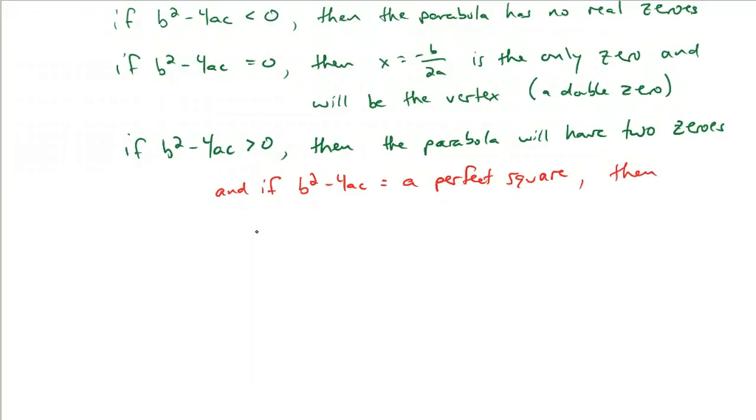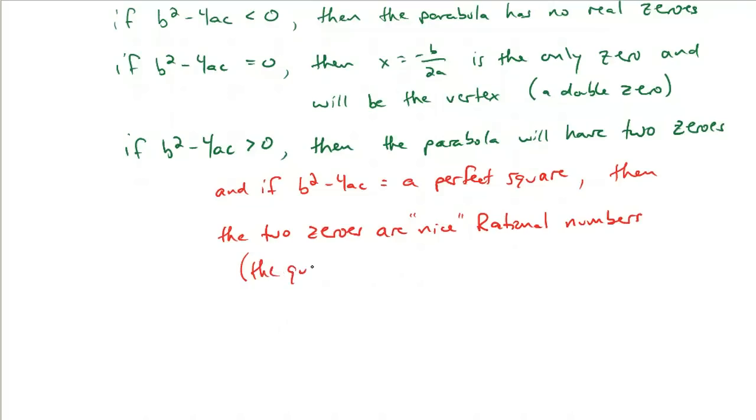Then the two zeros are "nice" rational numbers. Now, I don't really like using the word nice, but I'll put it in quotation marks. They're all nice, but people like rational numbers a little better. Okay. Also, this means that the quadratic could have been "easily" factored. Maybe not easily. I'll put easily in quotation marks.